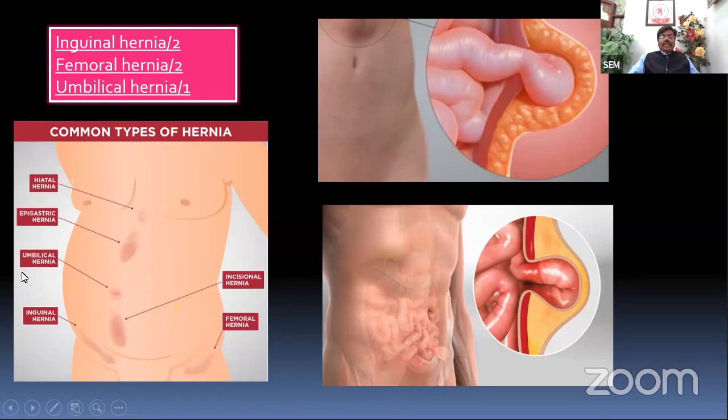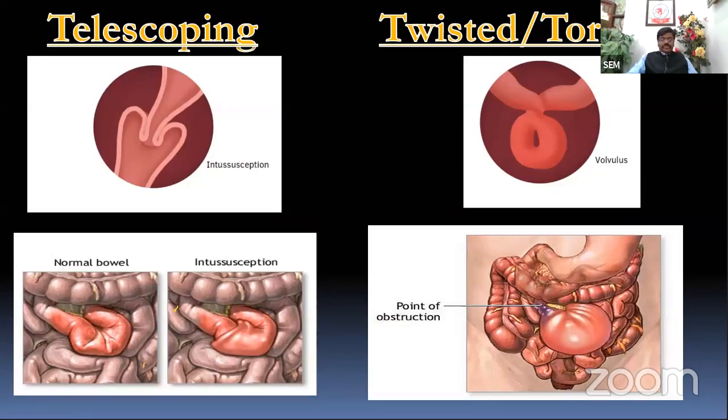Next is umbilical hernia. These are the two common causes for strangulated small bowel obstruction. And internal hernias, which are hernias inside your body that you will not be able to see outside, something like a hiatus hernia or a diaphragmatic hernia. These are all the various hernias that can go on to strangulation.